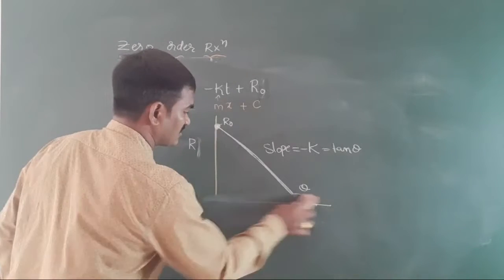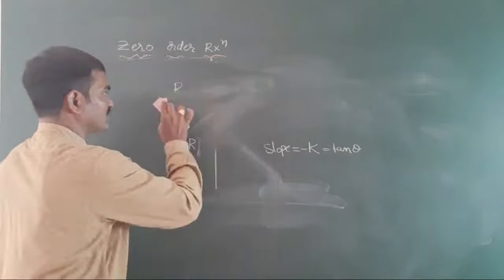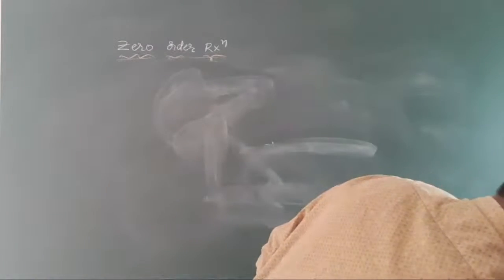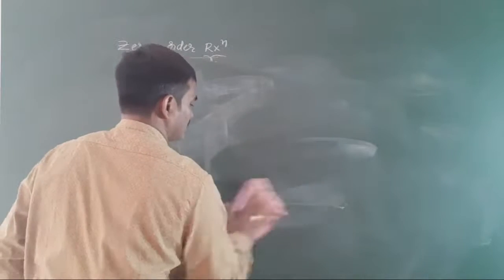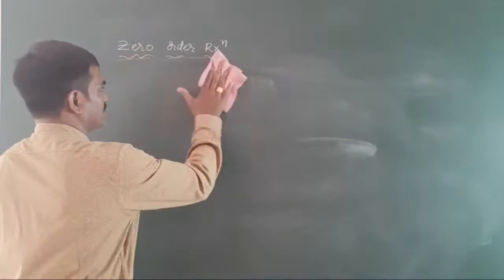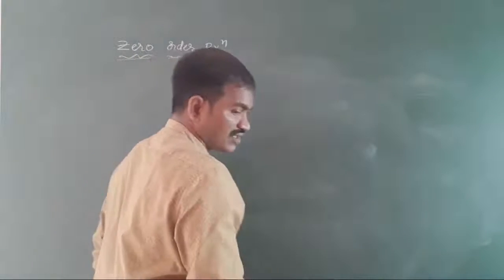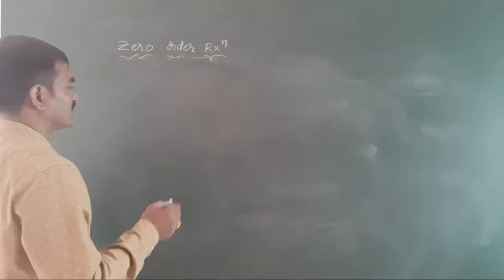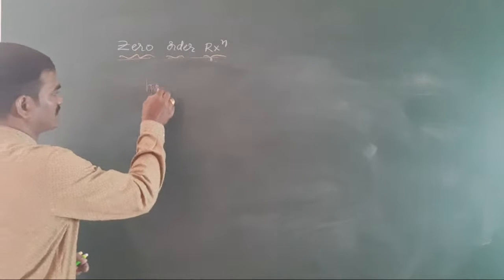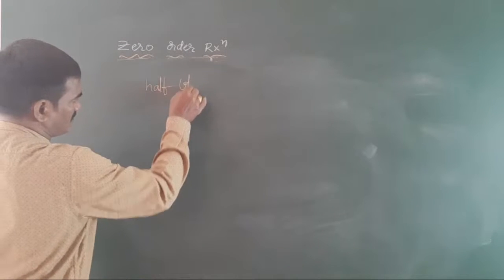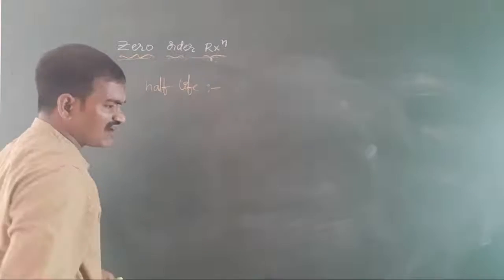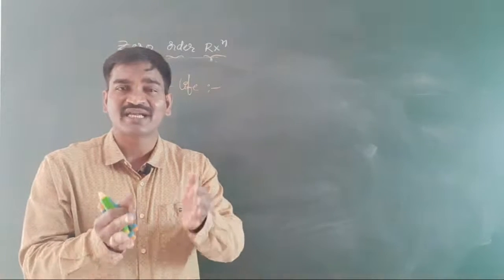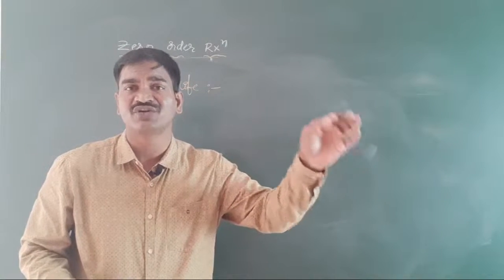Okay, right. Now after this, the next concept, here you see, is half-life. What is meant by half-life? Half-life means, very simple, the time required for the initial concentration to become half.